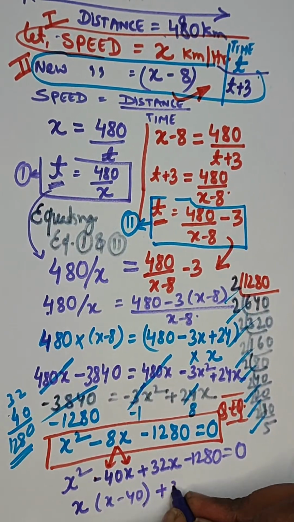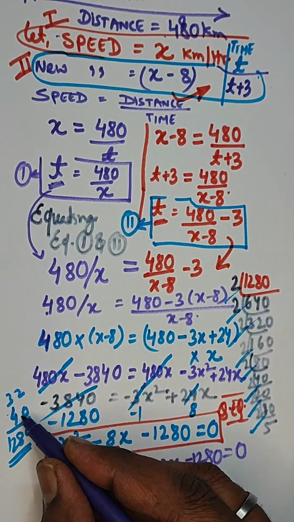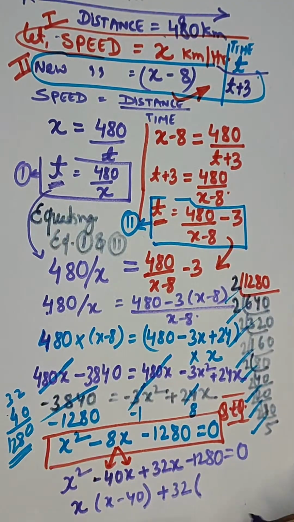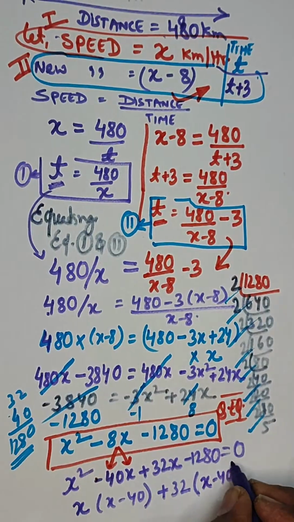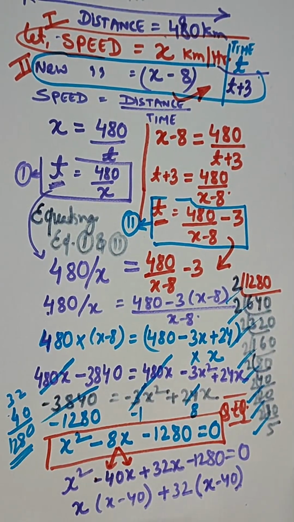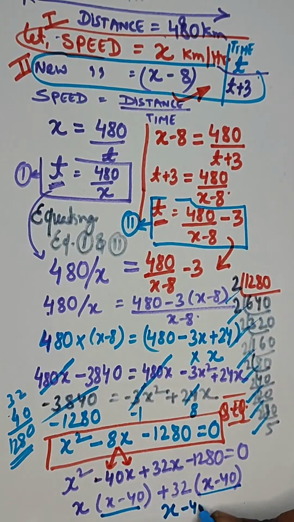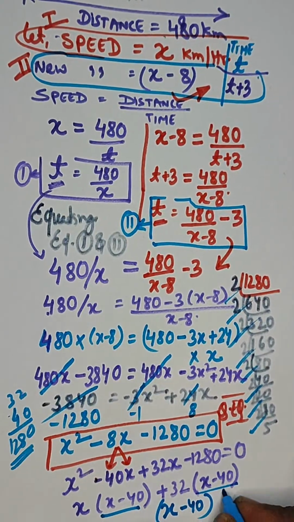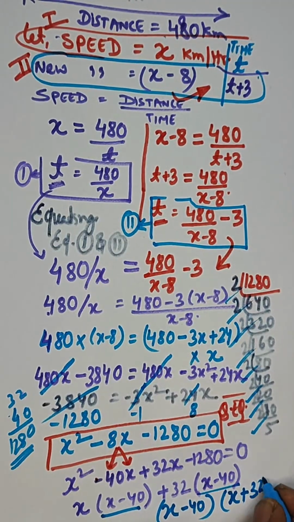And here when 32 is taken as common, 32 into 40 becomes 1280. So here we have x minus 40. This factor x minus 40 can be taken as common, and we are left with x plus 32.